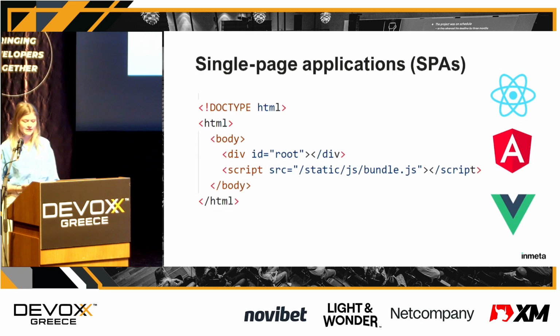Then we have the single-page application, or SPA. A SPA will typically be a React app of Create React App, or Vite, or Angular app, Vue.js app, etc. It's been the most common way to build an application for many years. In a SPA, the bundle.js file includes everything needed to build the app.